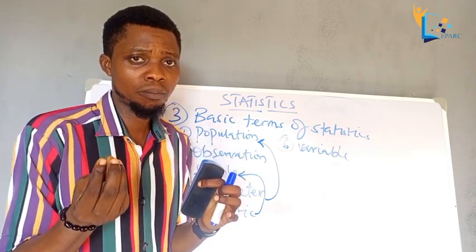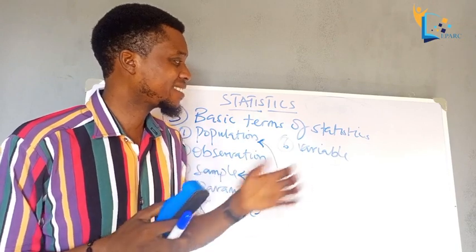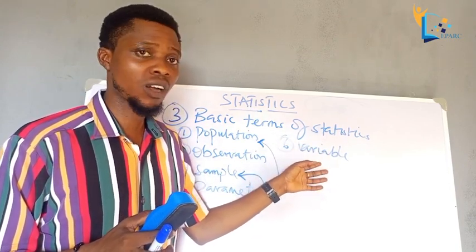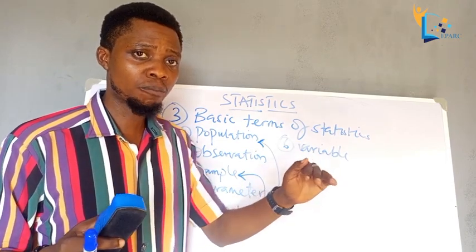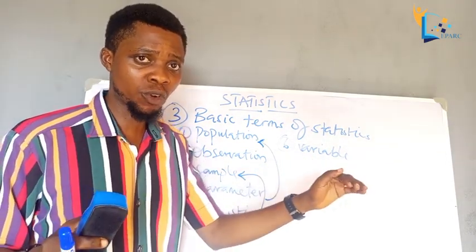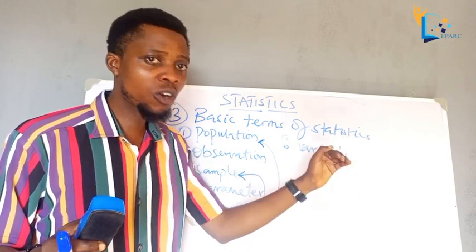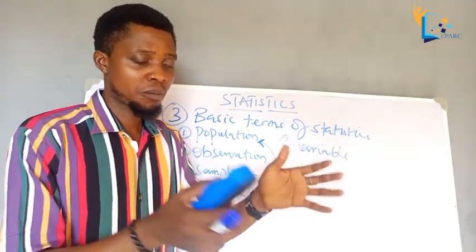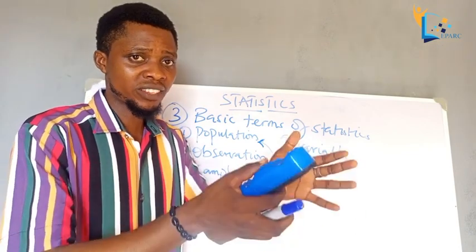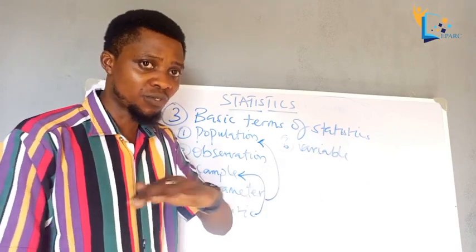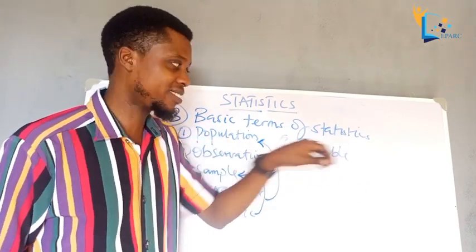So that income there is our variable, and it cuts across various small business owners. Maybe this business owner's daily income is different from this one, and this one. So it varies. So that income is our variable.